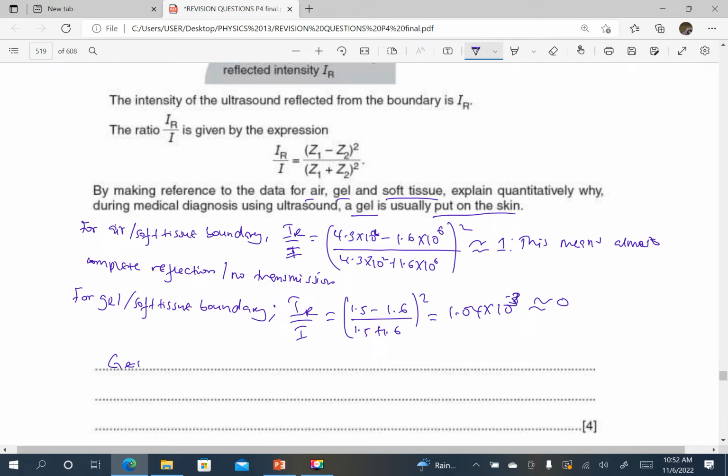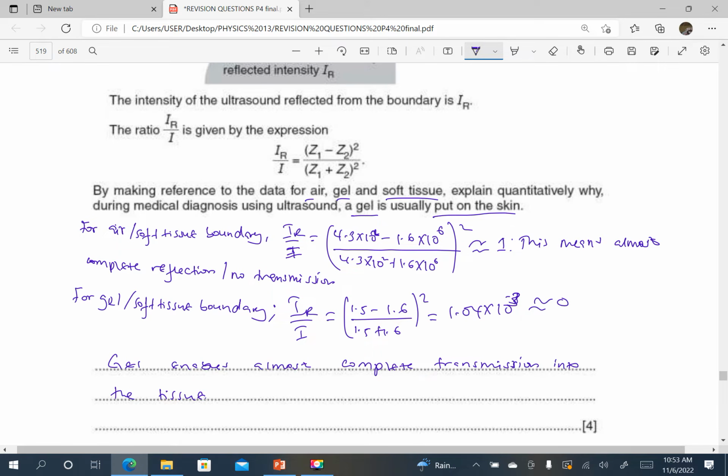So we say gel enables almost complete transmission into the tissue.